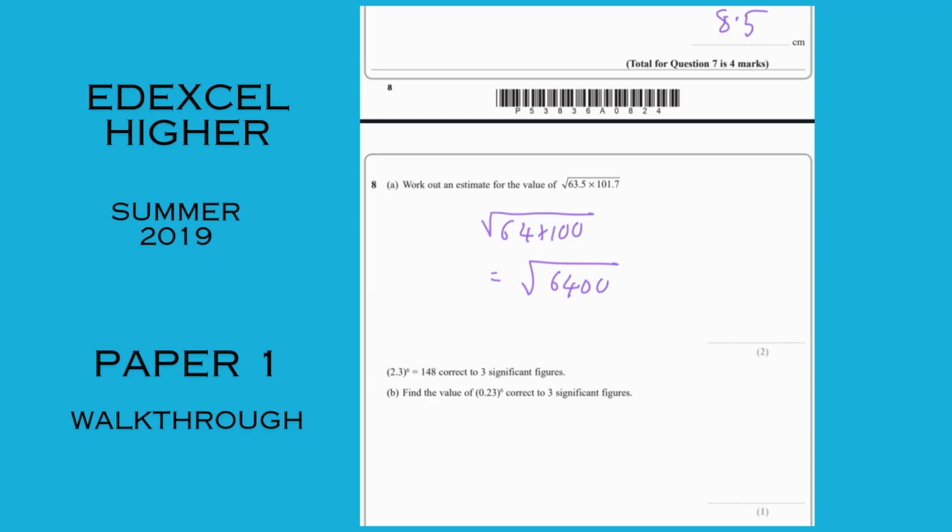Square root of this is 80. If you've gone for 60 there, and you've got 6,000, as you can see, a little bit more difficult to estimate. Mark scheme does allow a lot of leeway, 75 to 81. So you are allowed a little bit of guesswork, but that 64 is the spot there.